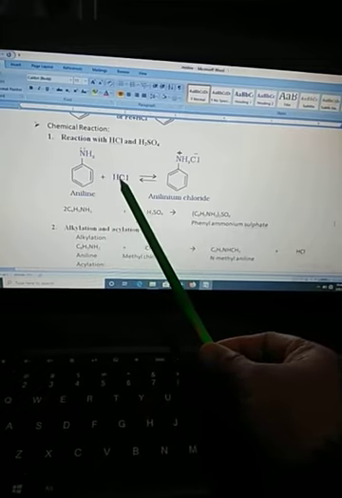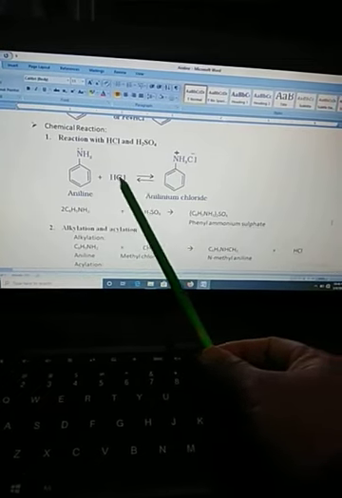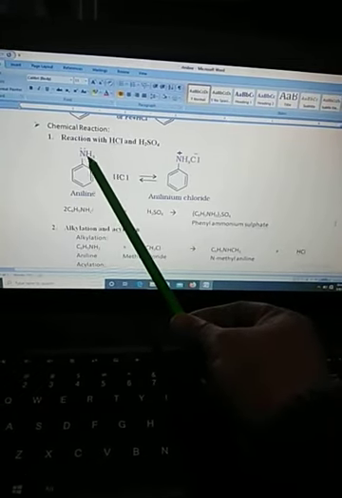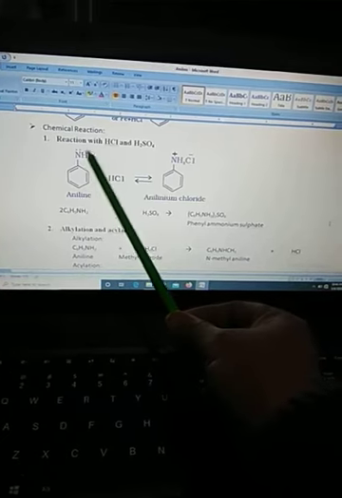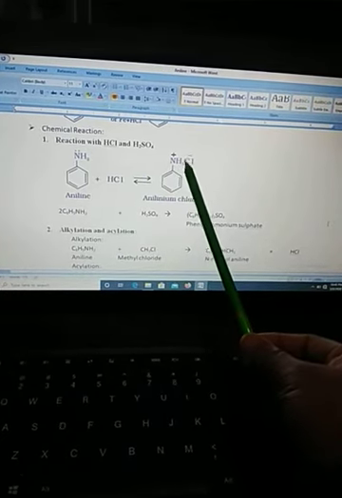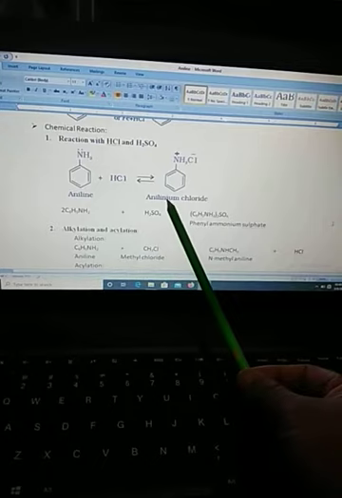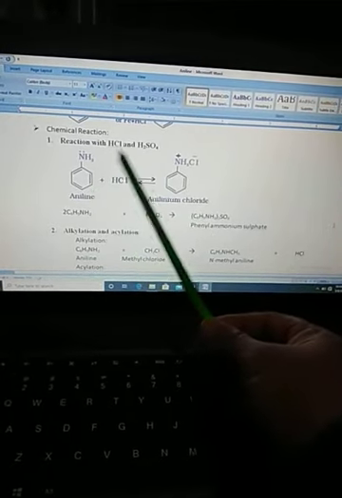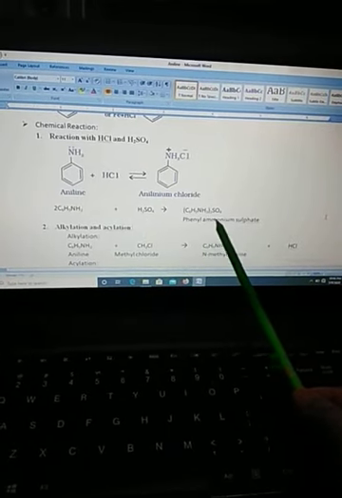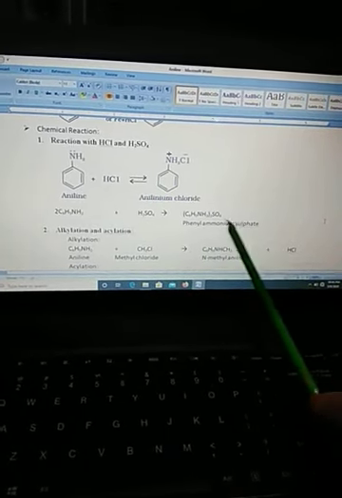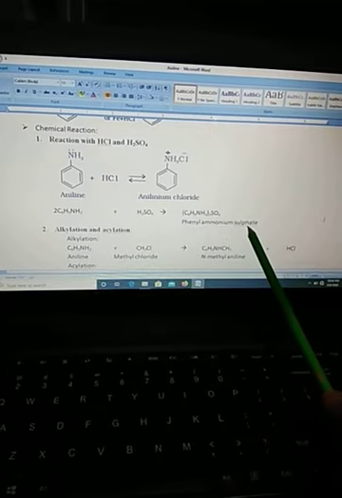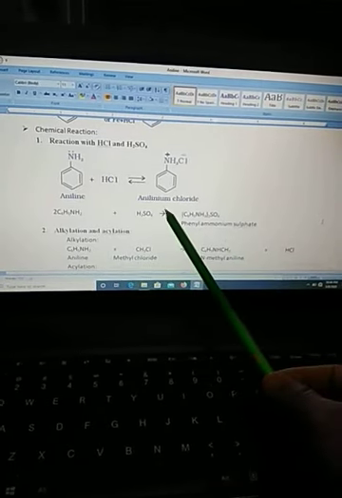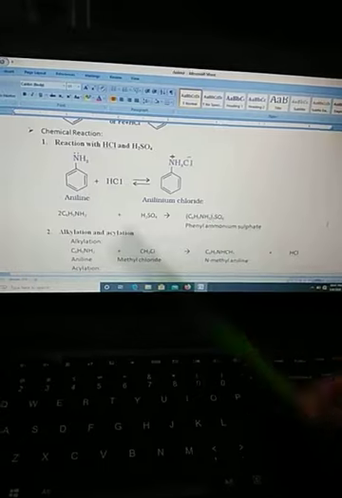Aniline plus HCl: the H will be taken by the lone pair of electrons, and it will form NH3+ Cl-, which is known as anilinium chloride. Similarly, if aniline reacts with sulfuric acid, it is going to form phenyl ammonium sulfate. This is also a salt.